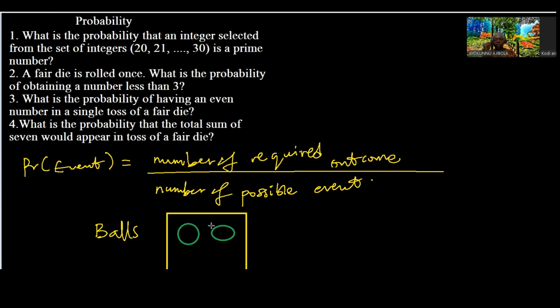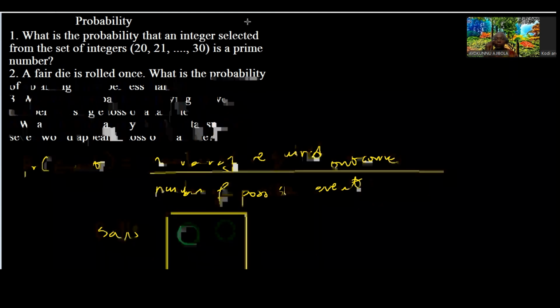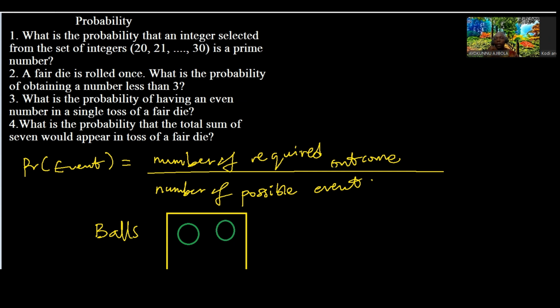So two green balls and one blue ball. So if I close my eyes and I dip my hand into the carton, what is the probability that I'll pick a green ball? So that will be the number of green balls over the total number of balls that it is possible for me to pick. So this is the blue ball, while these are the green balls.